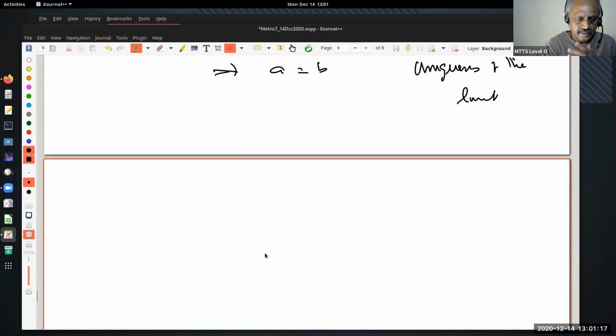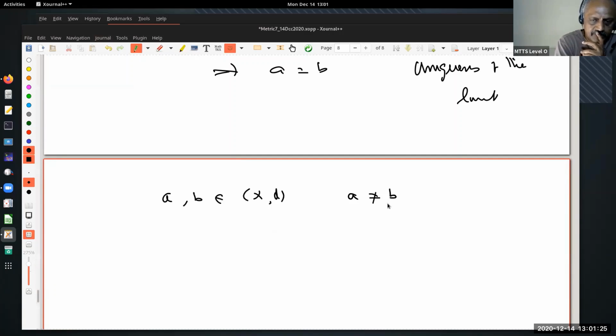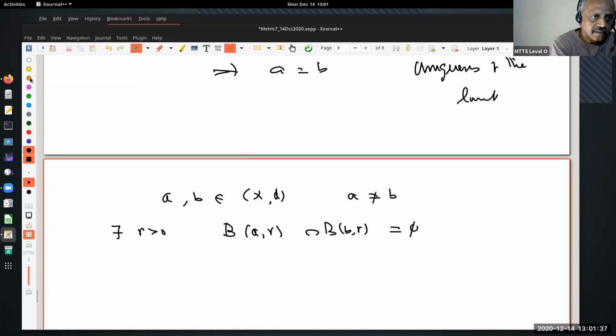Okay, let us prove that. The basic idea is the following. Suppose you give me two points a and b in a metric space (X, d), and if you say a is not equal to b, then I want to say there is an r positive so that B(a, r) and B(b, r), their intersection is empty. Again, try to imagine this.